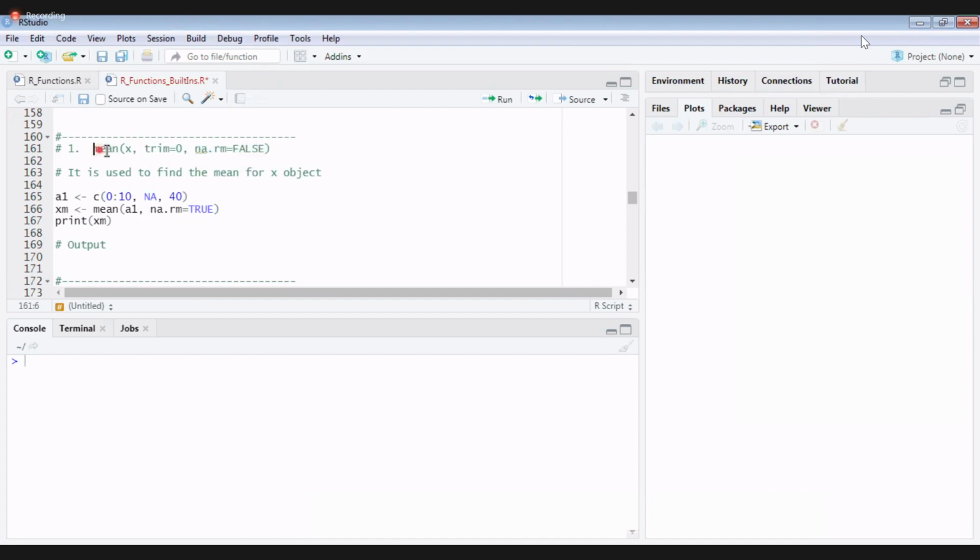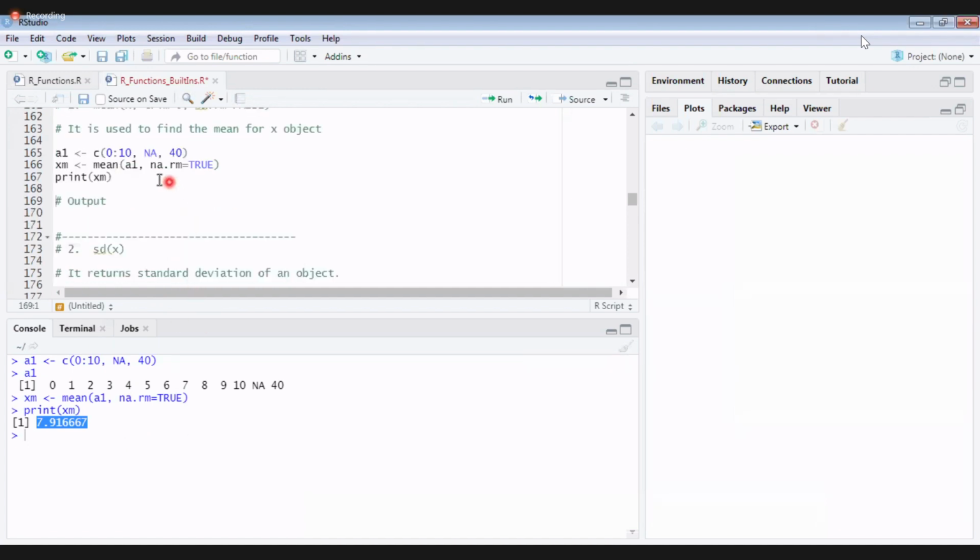This I should pass in the mean function. Now this is our A having NA, and you are telling it to calculate the mean by removing NAs. You got the output. Instead of adding it in the function, I mistakenly added it in the vector. Is it clear? na.rm equal to TRUE. Good, so this you will use frequently in real time.